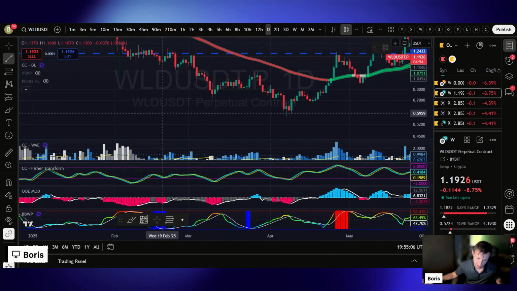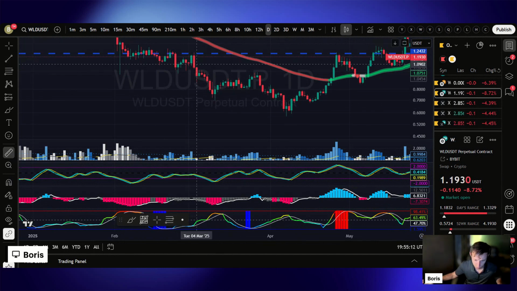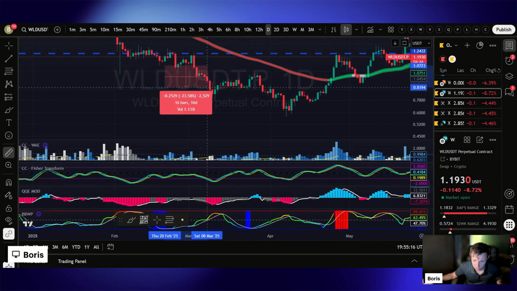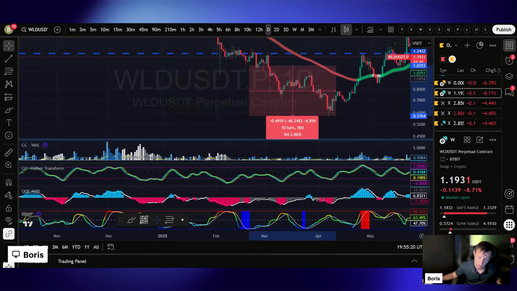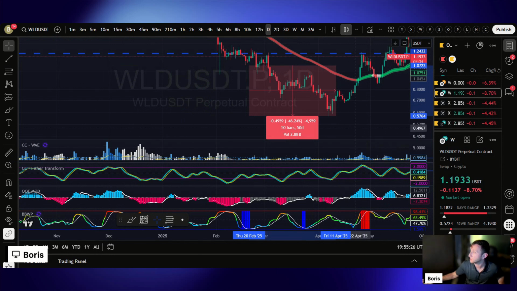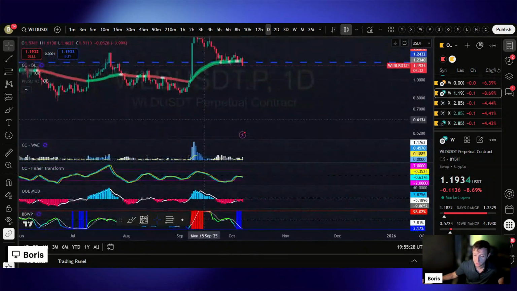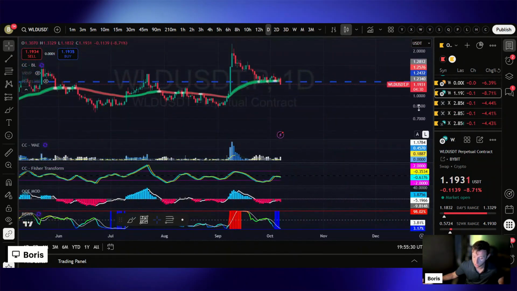Let's measure this out. It started flashing right here, and then we went down almost 46%. That was a pretty significant move when this indicator flashed blue last time. And right now we are seeing a similar setup occurring.